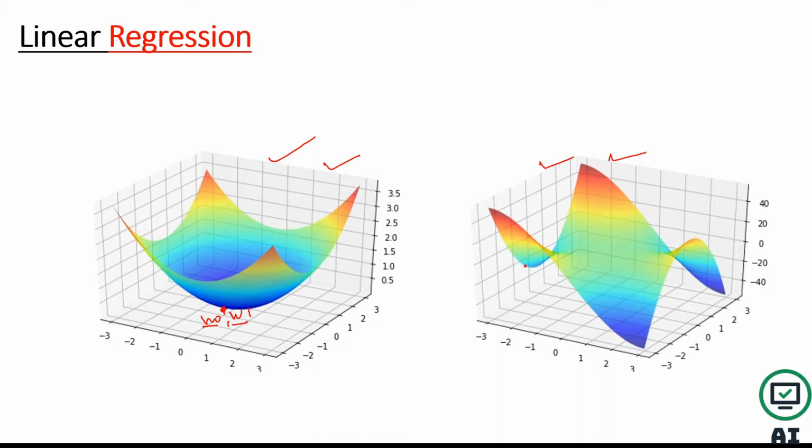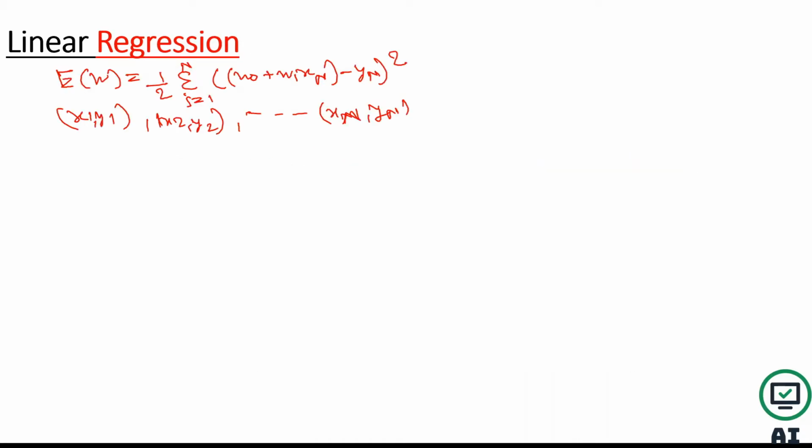So let us first review what the Hessian of the error function is. The Hessian is denoted by H, and it is nothing but the double derivative, or partial derivative, of a multivariate function. So what is the Hessian of the error function that we have got?